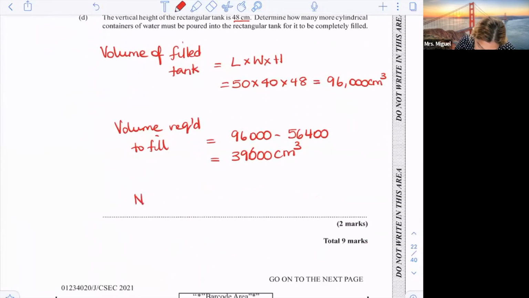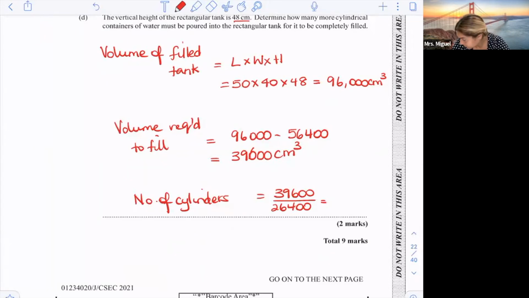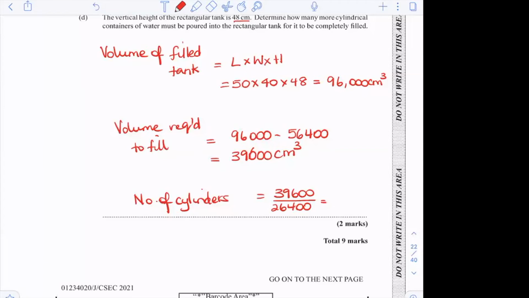So the number of cylinders required will be 39,600 divided by 26,400. 1.5.